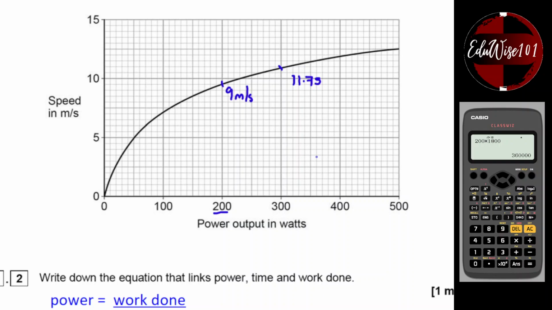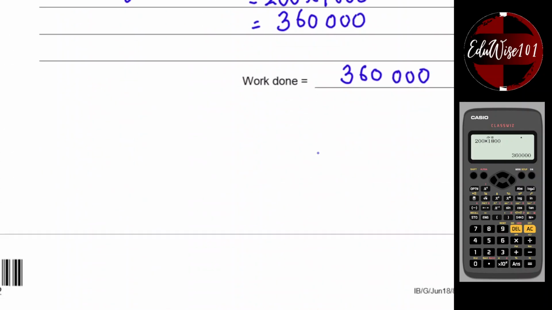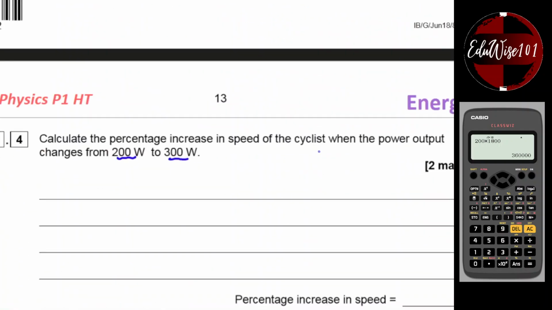So at 200 watts it was 9 meters per second, and at 300 it was 11.75 meters per second. The percentage increase: it's gone from 9 to 11.75.